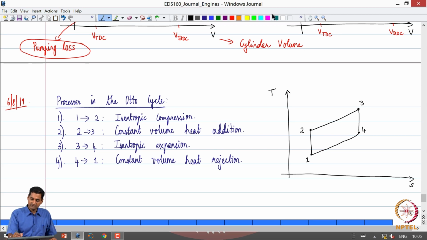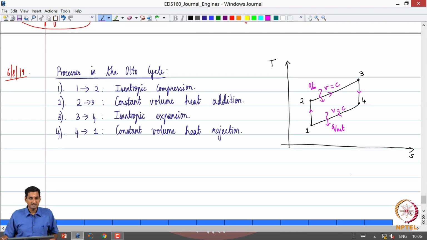It is important to mark the important characteristics of each process and also the direction of the entire cycle. So this will be V equals constant, V equals constant. This is the process where heat is added, and this is the process where heat is released. So these are the 4 processes of the same air standard Otto cycle expressed in the TS plane.